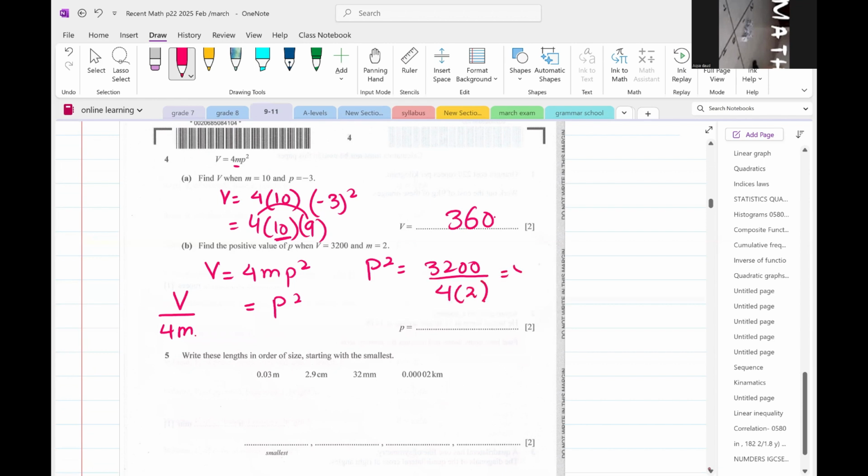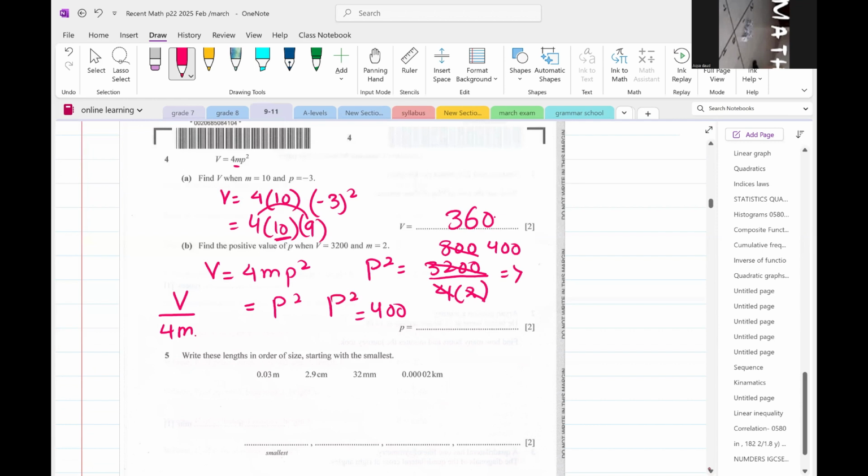Again, you have to multiply and divide very carefully. You'll simply cancel these terms out. 8 times 32, and then you put 2 zeros. Then again, you divide 800 by 2, and you get 400. 400 is equal to p squared.